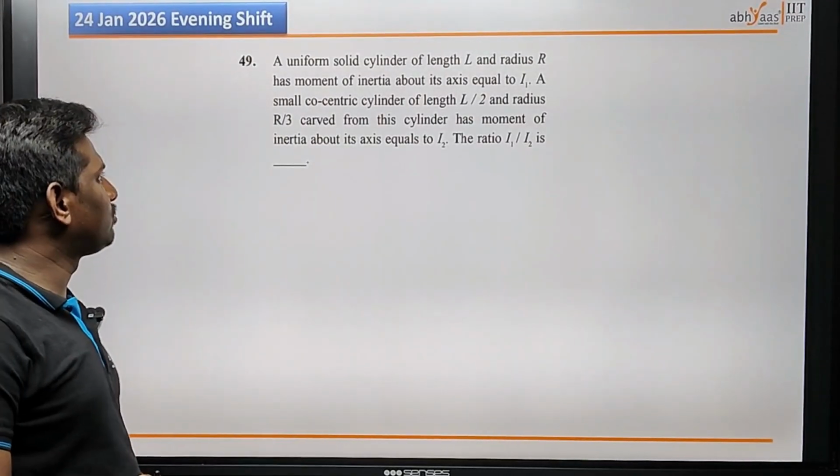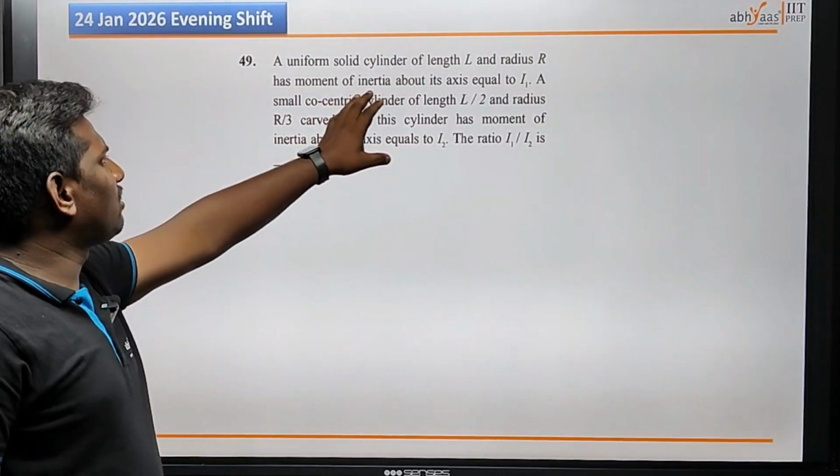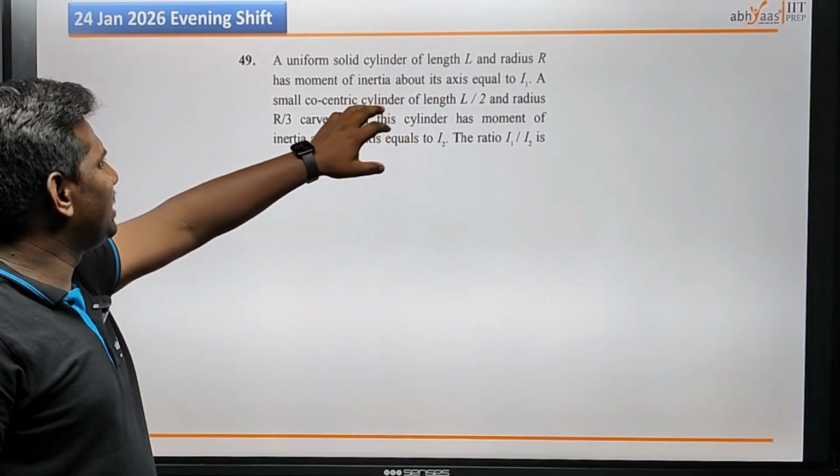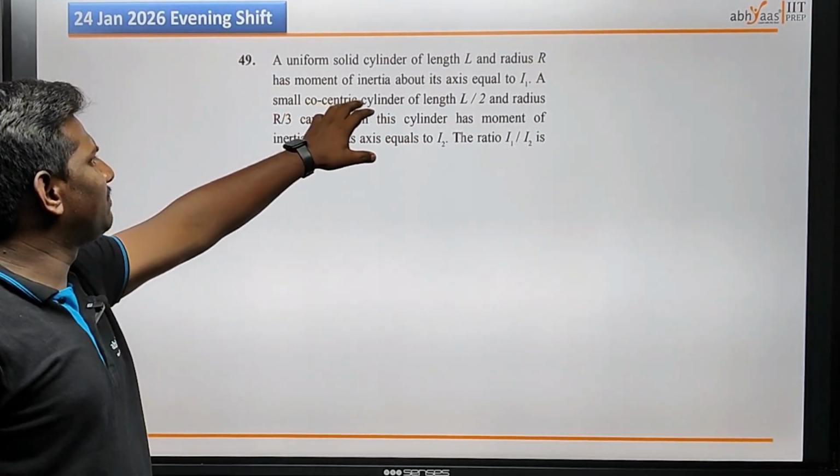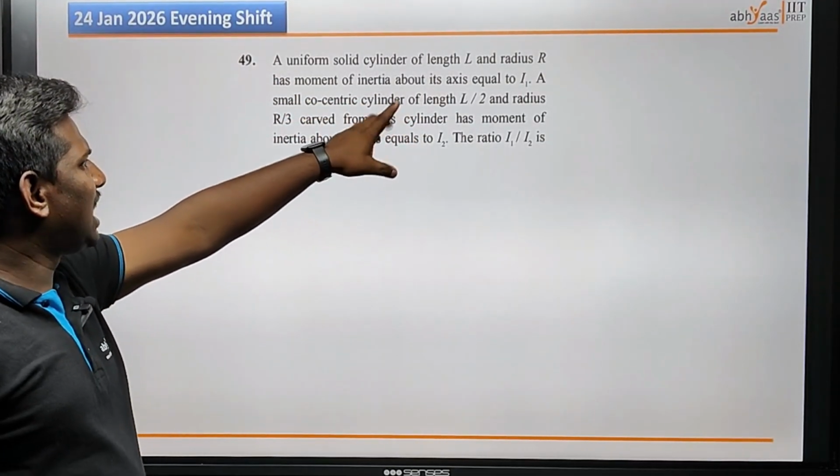Next question, 49th question. A uniform cylinder of length capital L and radius capital R has moment of inertia I1 about its axis.